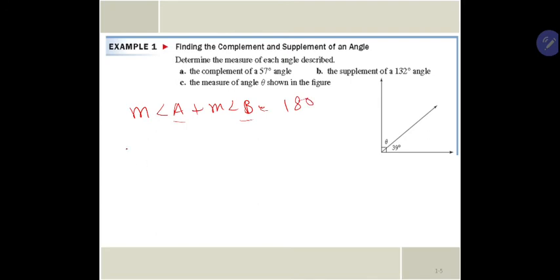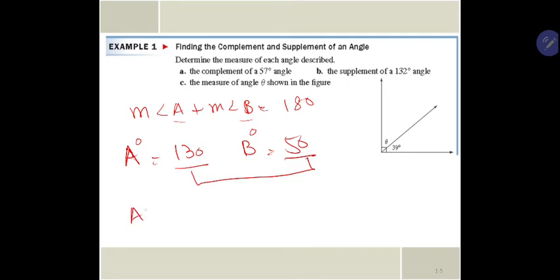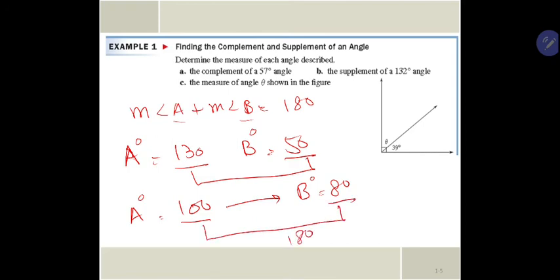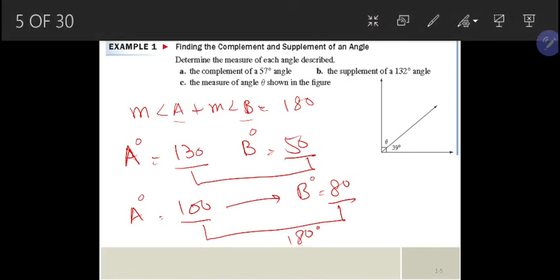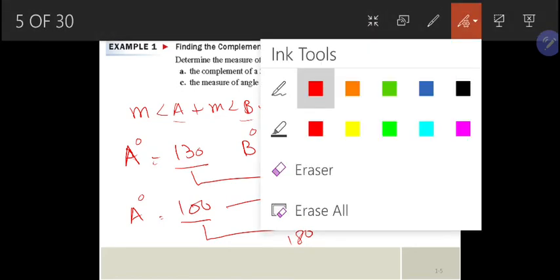Which means if I have angle A as 130, for example, the supplement of angle A will be 50, because these two add up to 180. The same way, if angle A is 100, then the supplement of this angle would be 80, because these two need to add up to 180 once again. So I'm sure now it's clear about supplementary and complementary angles.